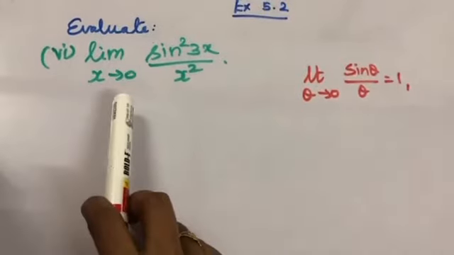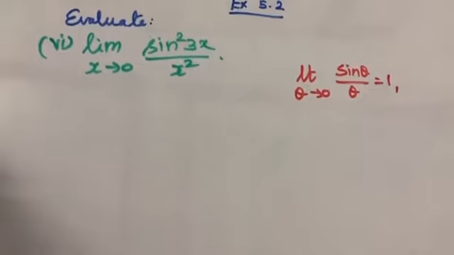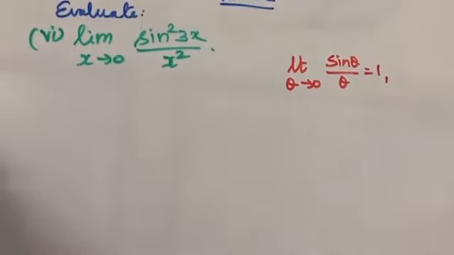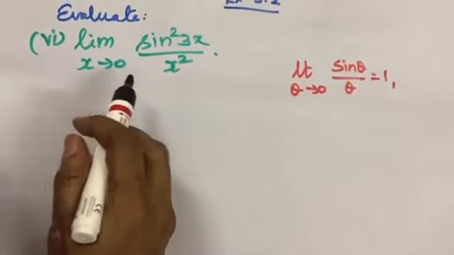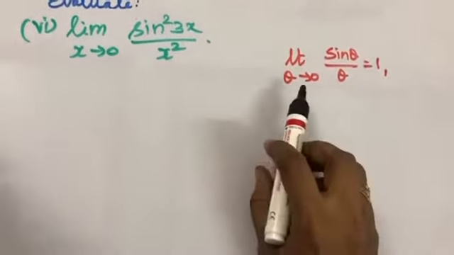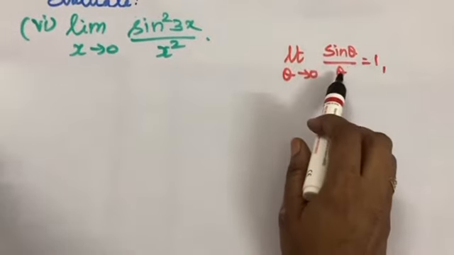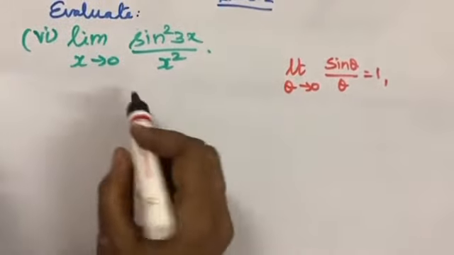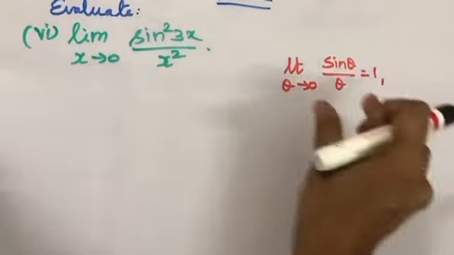Next: limit x tends to 0, sin square 3x divided by x square. We have to find the value of this limit. Here also we have a standard limit: limit theta tends to 0, sin theta divided by theta, is equal to 1. We have to convert this function so that it suits this.